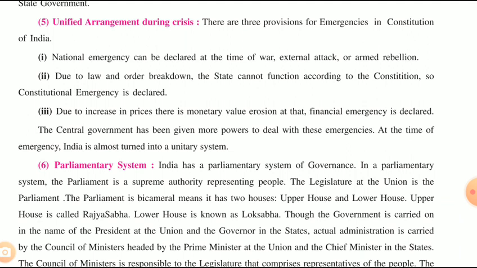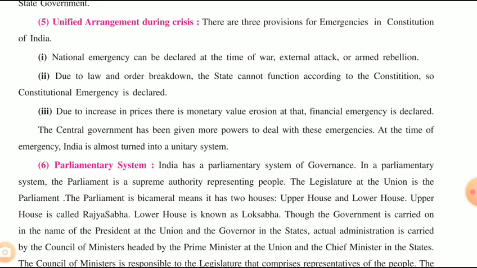Yes. So such type of calamities and man-made activities that cause crisis, at that time, the central government holds more power than the state government, and that's why the central government handles all this type of situations like national emergency or emergency caused because of law and order breakdown, that is in any state the government is dissolved.